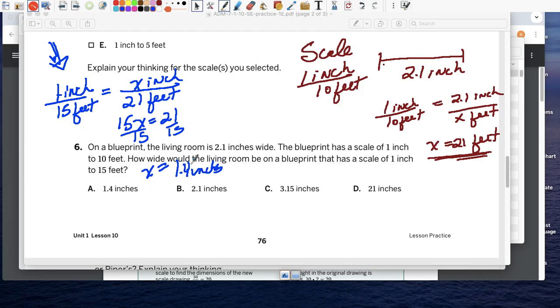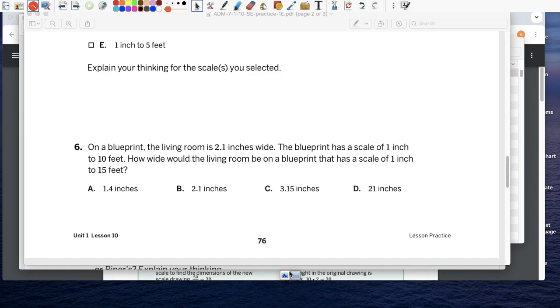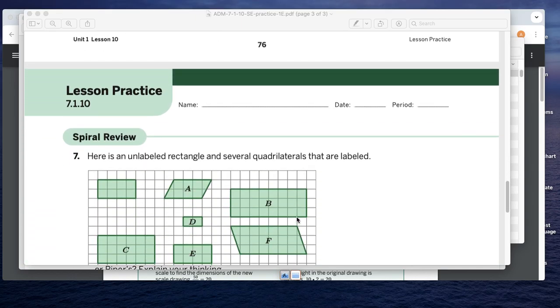So when this person draws your living room, the living room that's 21 feet, in his drawing it became 1.4 inches, which was a little bit smaller than your drawing at 2.1 inches. There we go. Kind of double two steps there for you to do.